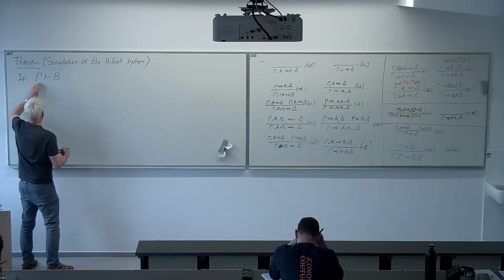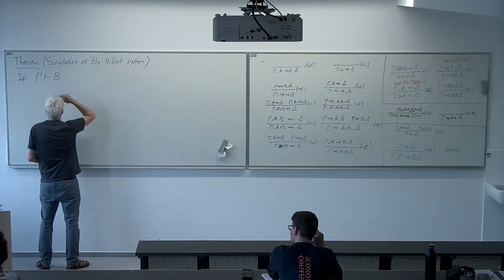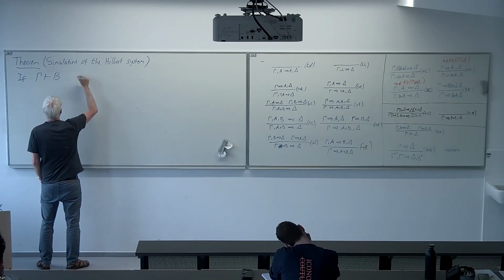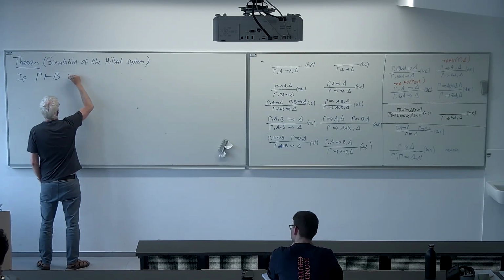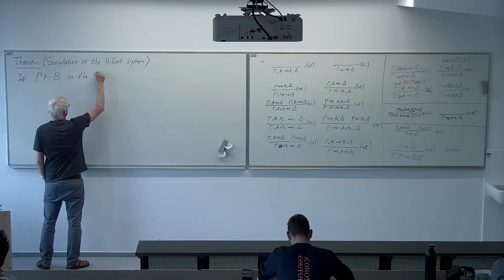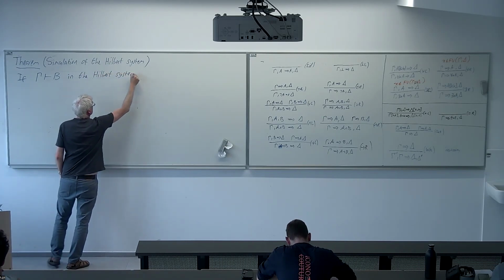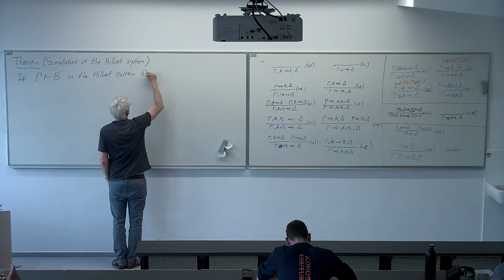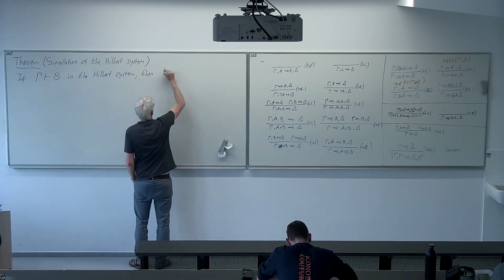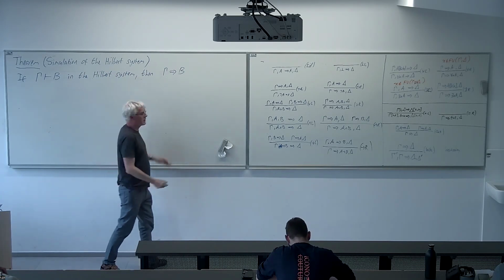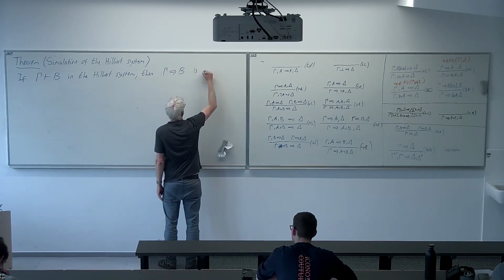So this is for a finite set gamma. If B follows from finite set gamma of assumptions in the Hilbert system, then the sequent with B on the right-hand side and gamma on the left is derivable.